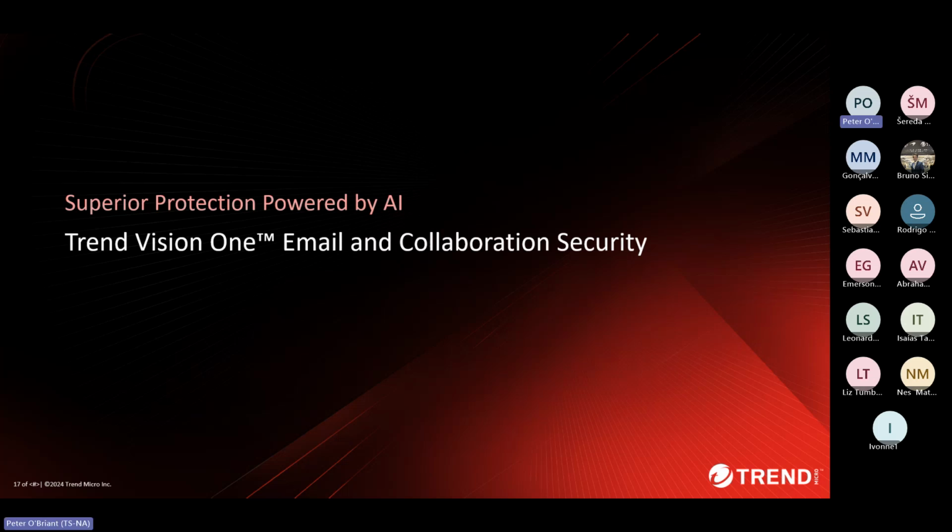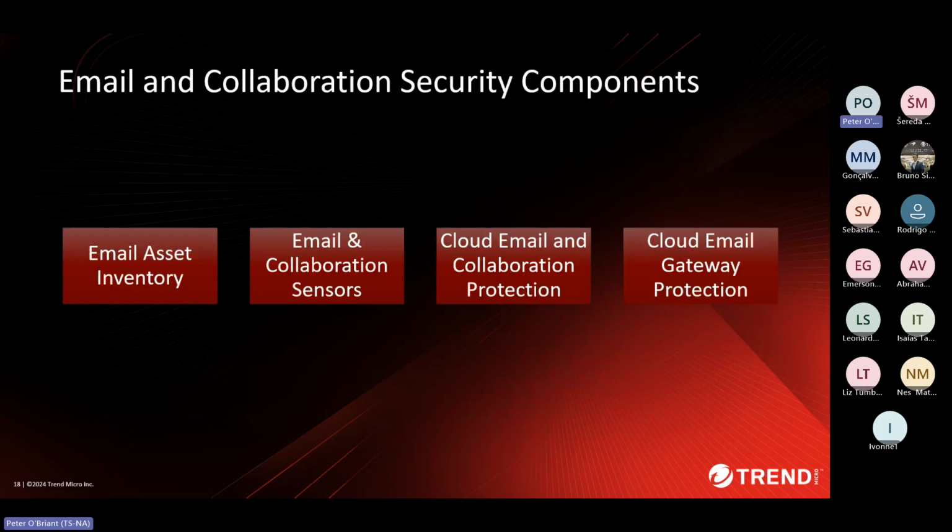So there are different components underneath the email and collaboration security. So as you can see there we have an email asset inventory. We have the email and collaboration sensors. Sorry, Yvonne, I thought that was in there, but okay. Give me just a second. There we go. Thank you.